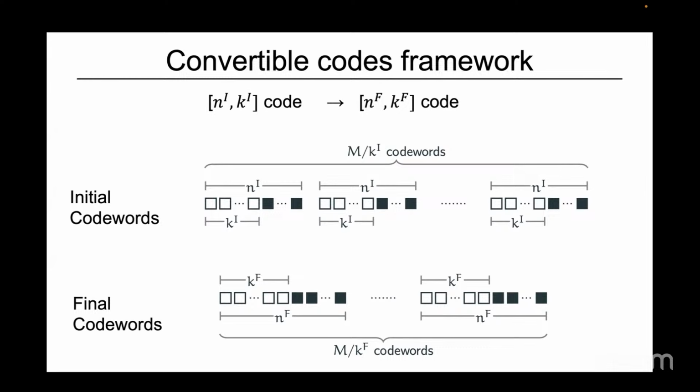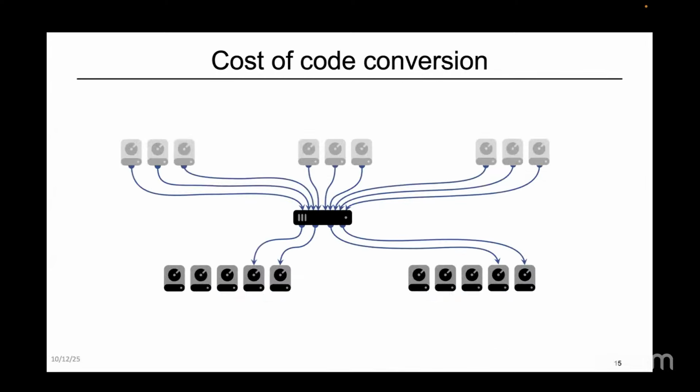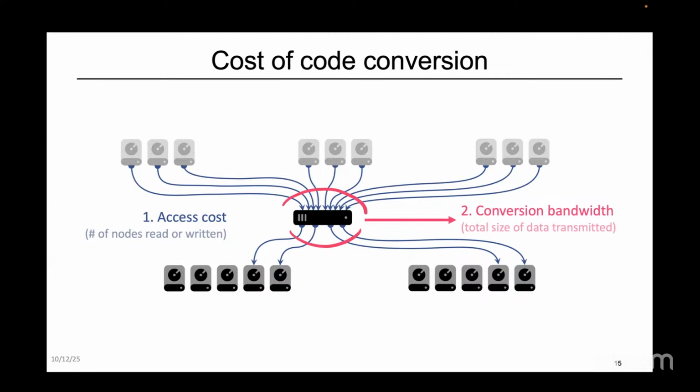Now, there are two main costs associated with conversion that are of interest in storage systems. One is the access cost, which is the number of disk drives that you touch during conversion. And on the code word side, it is just the number of code word symbols that are accessed, that are touched, during conversion. And the second one is conversion bandwidth, which is the total amount of data transferred during conversion.